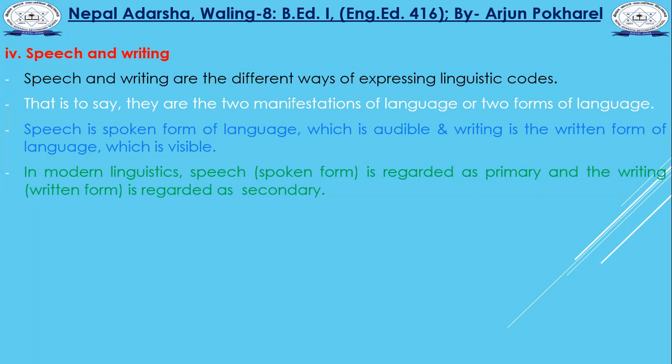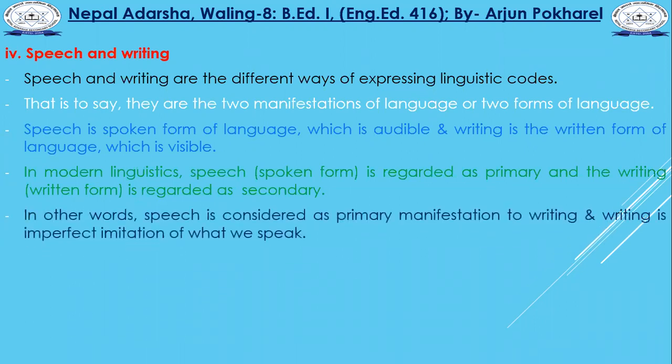It is primary because when a baby is born, first of all, he learns speaking, not writing. That's why speech is primary to writing. Speech is regarded as the primary manifestation of language, and writing is regarded as the secondary manifestation of language. In this way, you have to define speech and writing.